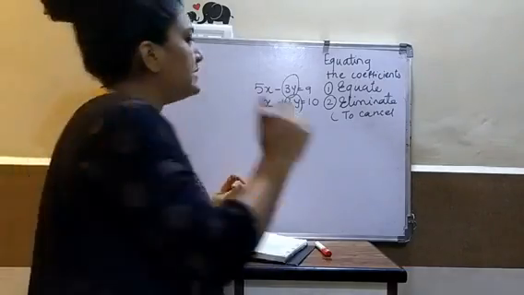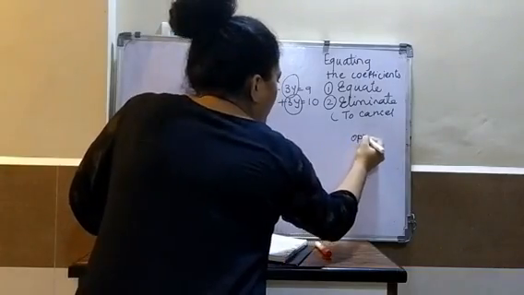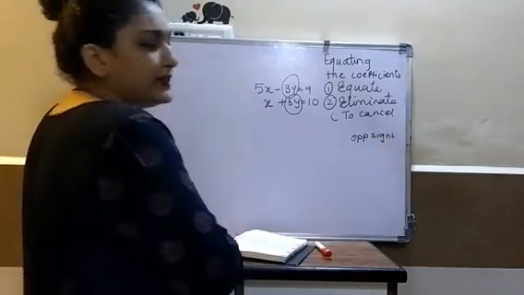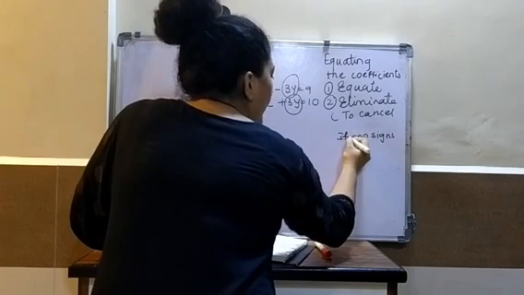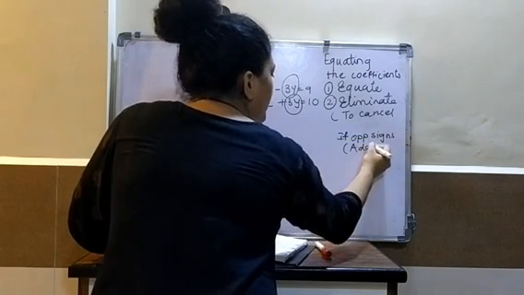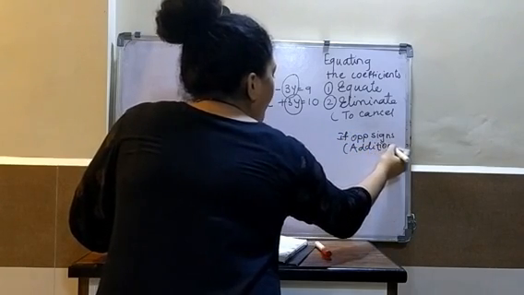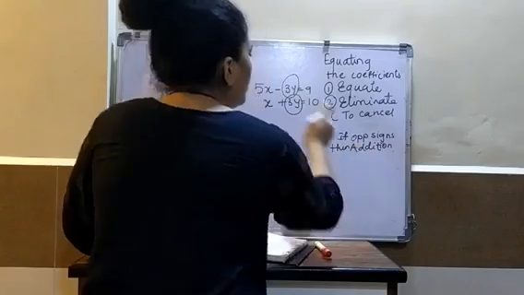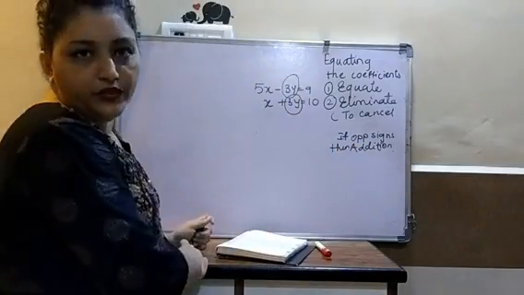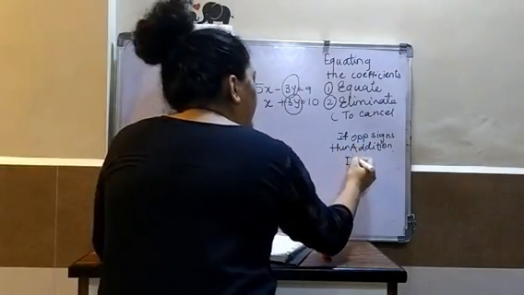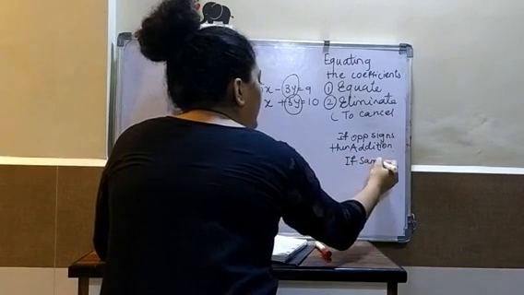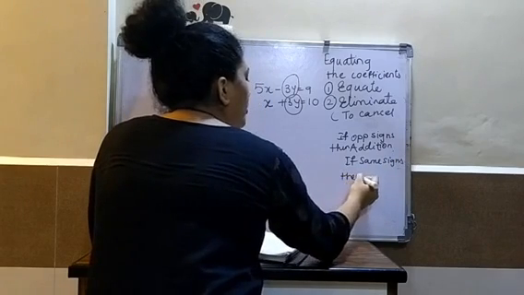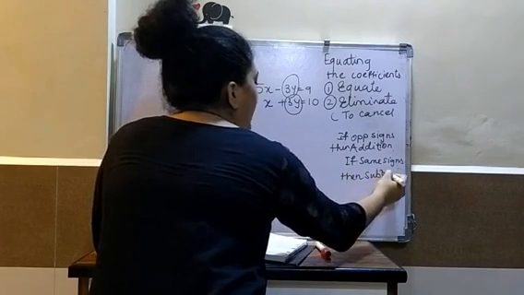So now the rule is, if you have opposite signs, then you will perform addition, so you will add both the equations. And if same signs are there, then you will perform subtraction.